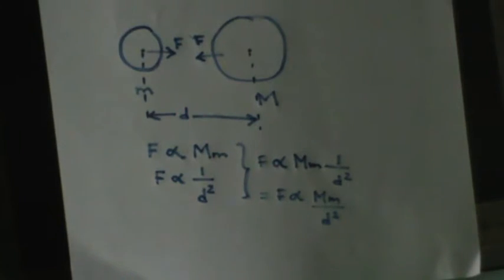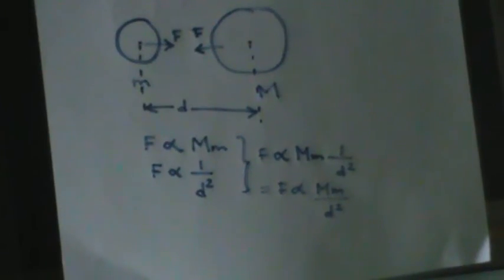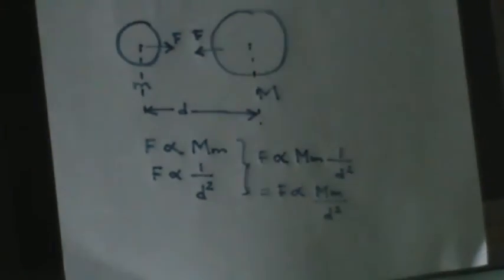So F is directly proportional to m times m divided by d squared. What we are equating it to is the constant we call the universal gravitational constant, and we denote it with the symbol G. So we can equalize this proportionality with the constant G. So F is equal to G times capital M times small m divided by d square.